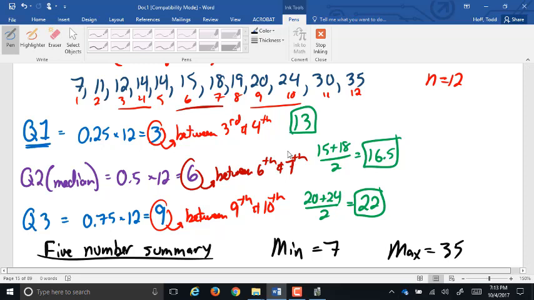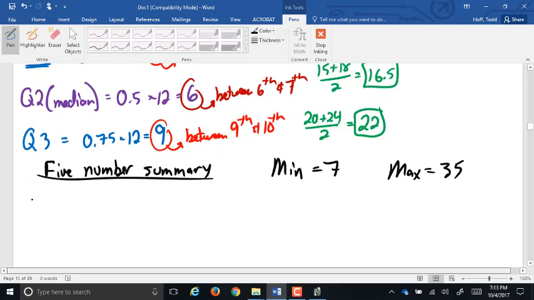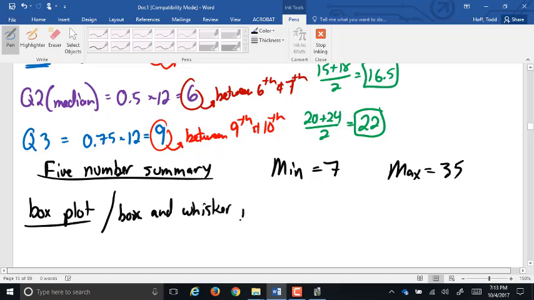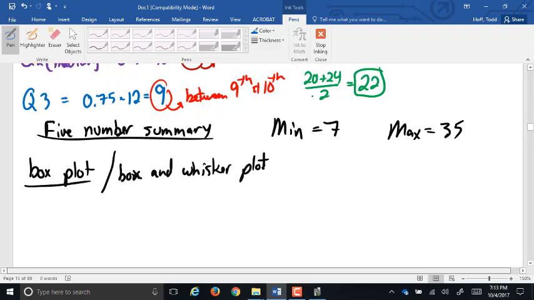So what we would do is make a plot. It's called a box plot. Sometimes called a box and whisker plot. And what it looks like is basically a number line.